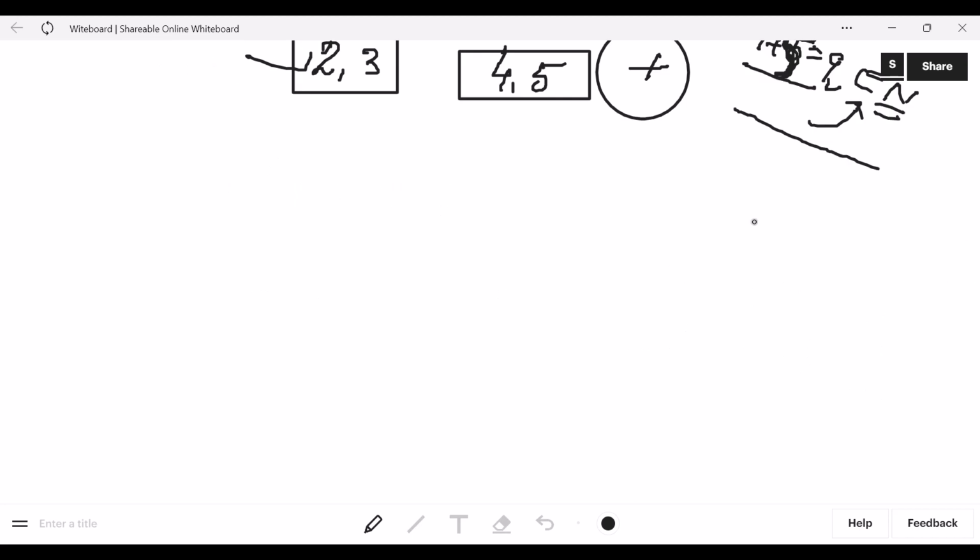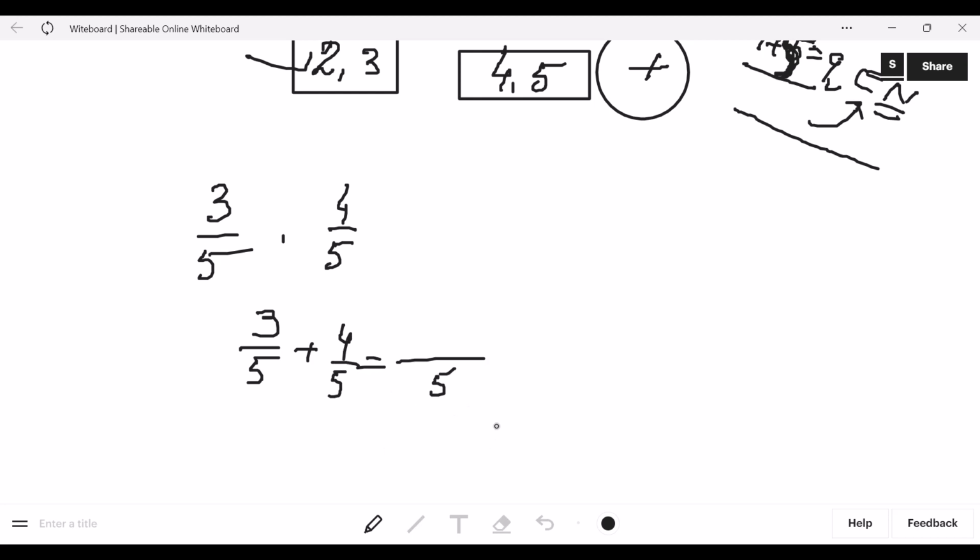Similarly, in case of rational numbers, say if I take two rational numbers, say 3 by 5 and 4 by 5, on being added 3 by 5 plus 4 by 5, 5 is LCM of course, it becomes 7 by 5.